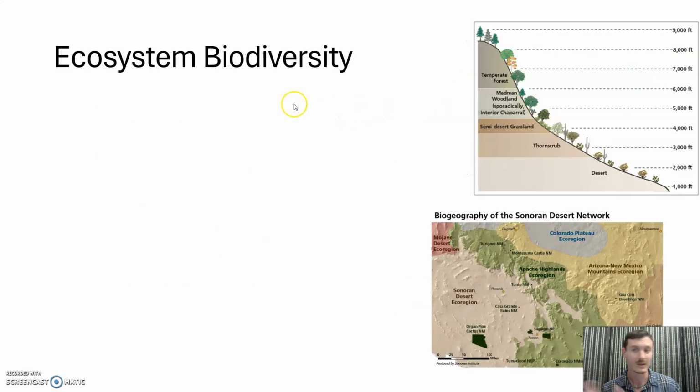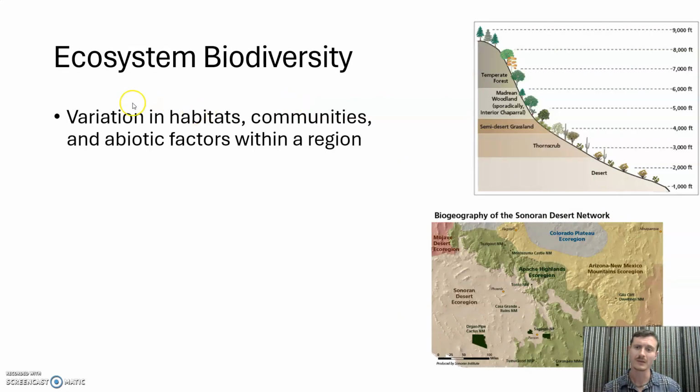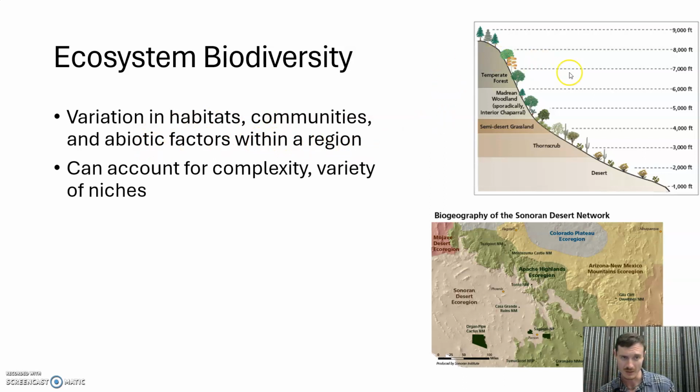Okay, we can talk about ecosystem biodiversity, right? So this is variation in habitats, which we know, communities, and abiotic factors within a given region. So I have pulled this over here on the right out of the Sonoran Desert, right? So these are different ecosystems that might be present in the Sonoran Desert ecoregion overall, right?